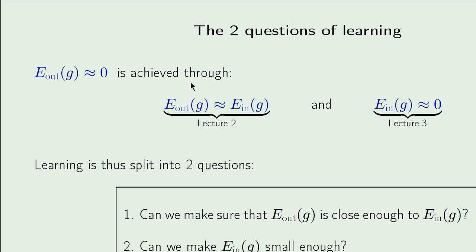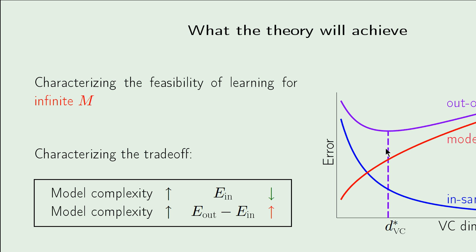If you combine these two, it means that E out is approximately equal to E in, and E in should be approximately equal to 0. And given Hoeffding's inequality, you have to figure out what the bound is, what threshold you would accept for this to be equal to 0, and we'll see how we can scale from a finite M to an infinite M, that is an infinite set of hypotheses.